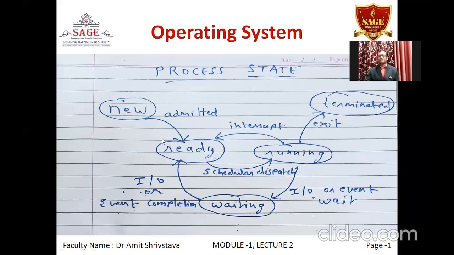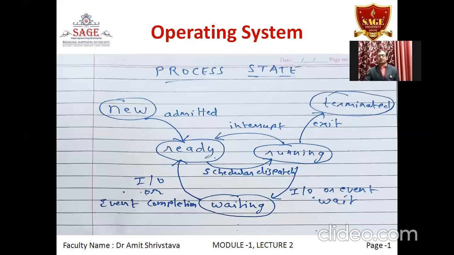Now, once the process has come into the ready state, it can be allotted the CPU. If I've got a single processor system, then only one process can be in the running state at any particular time. So let us say I've got 10 processes in total in the ready state.